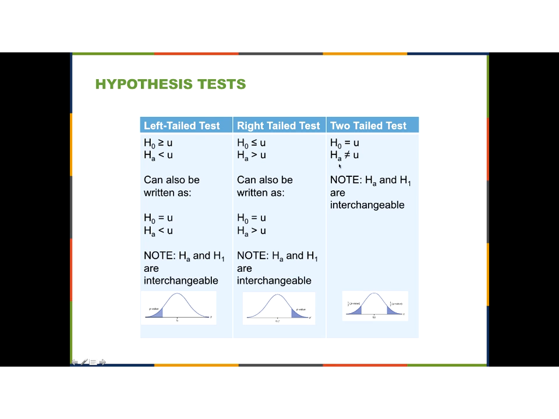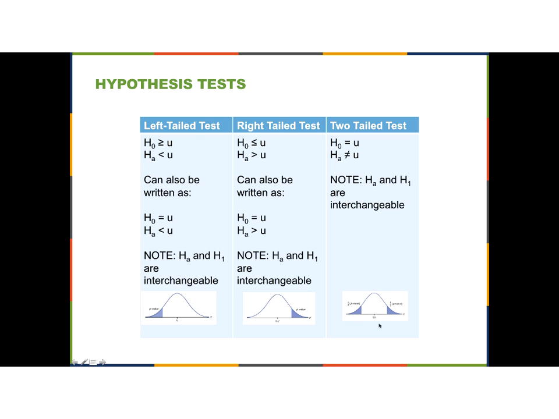Then we have a two-tailed test where H0 is equal to mu, and the alternative is that HA is not equal to mu. So you might test the claim that the mean age of community college students is equal to a certain number, and then you are saying, I don't think it's equal to 24.